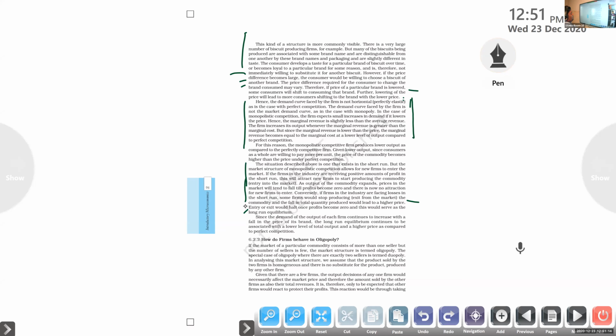Since the demand for the output of each firm continues to increase with a fall in the price of its brand, the long run equilibrium continues to be associated with a lower level of total output and higher prices as compared to perfect competition. Clear? So basically, in monopolistic competition, they are always going for a lower level of total output and higher prices.